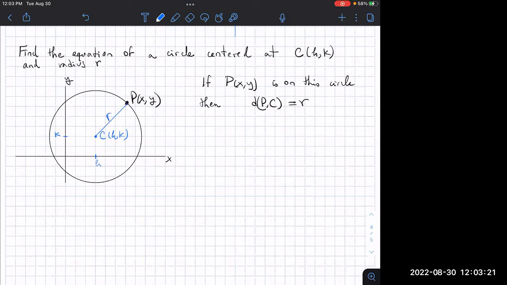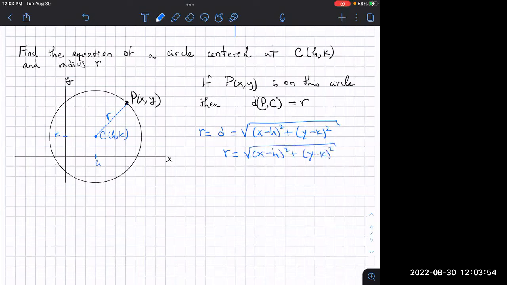So we're looking at two points with coordinates x, y and h, k, and the radius r. Applying the distance formula, r is the square root of the difference on the x components, x minus h squared, plus the difference on the y components, y minus k squared.